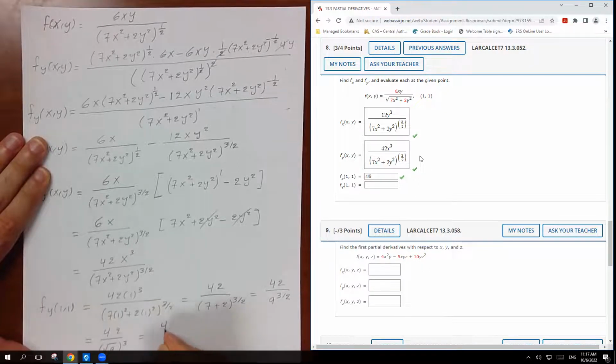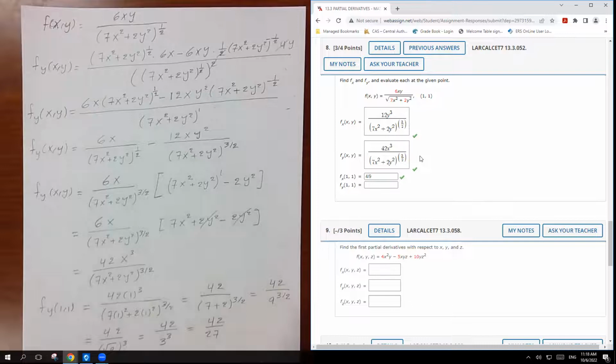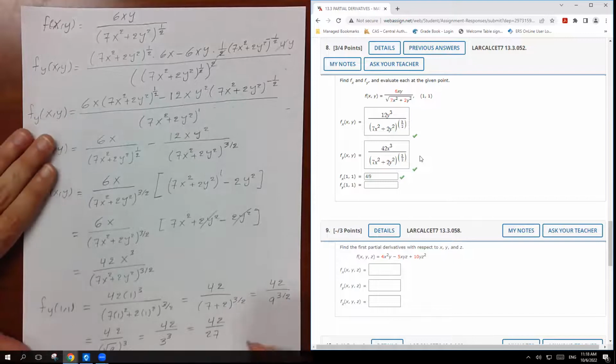That means it's going to be 42 over 3 cubed, so 42 over 27. You can simplify it by 3. 42 divided by 3 is going to be 14, because 2 times 7.